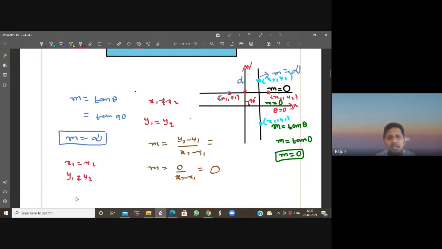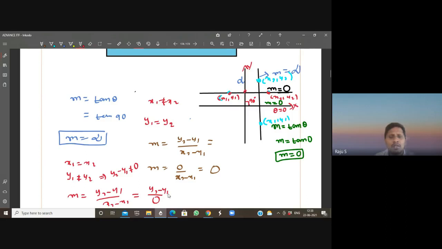In that case, again m is equal to the formula y2 minus y1 by x2 minus x1. Since y1 is not equal to y2, y2 minus y1 should not equal 0. So the numerator is not 0, but the denominator is 0.